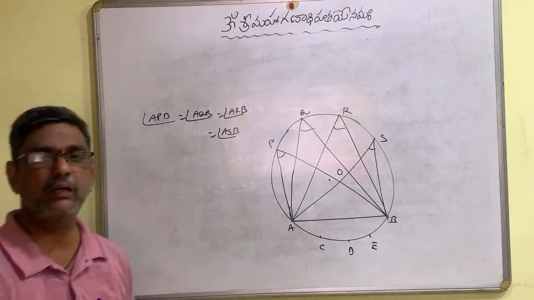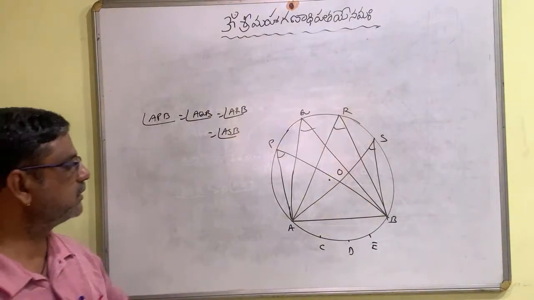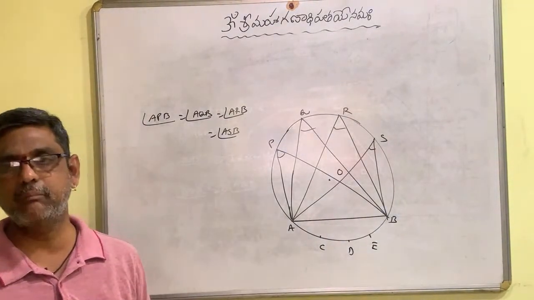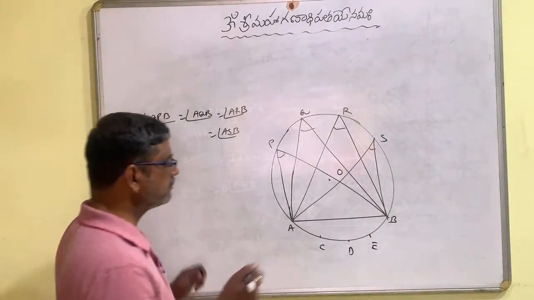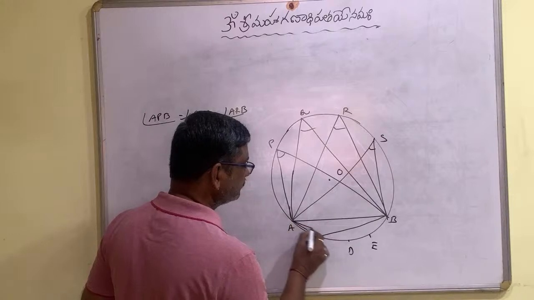Now, if I take 3 points on the minor arc, and I join all these 3 points with the endpoints of the chord.